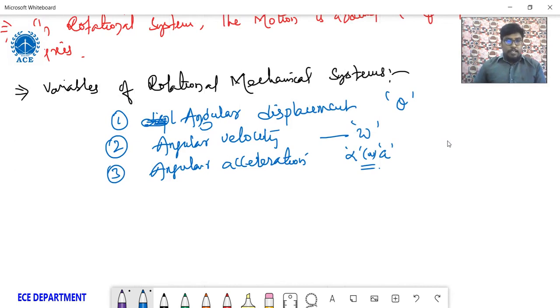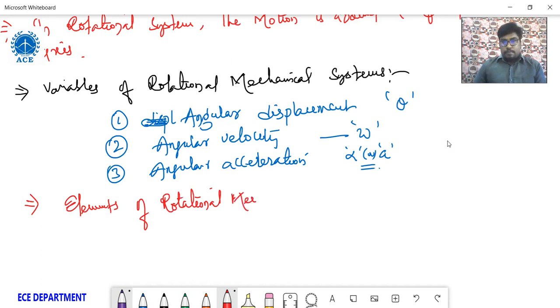Now, elements of the rotational mechanical system. What are the elements we have?